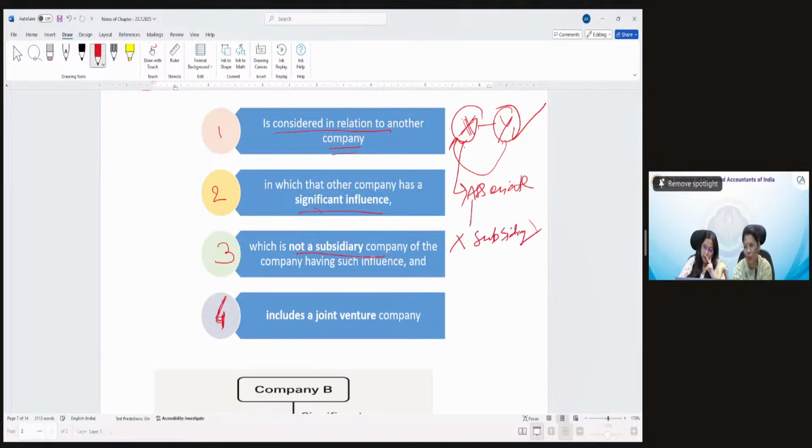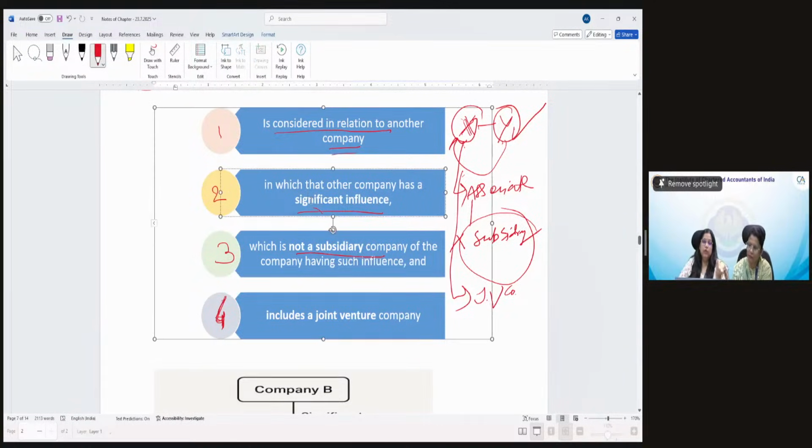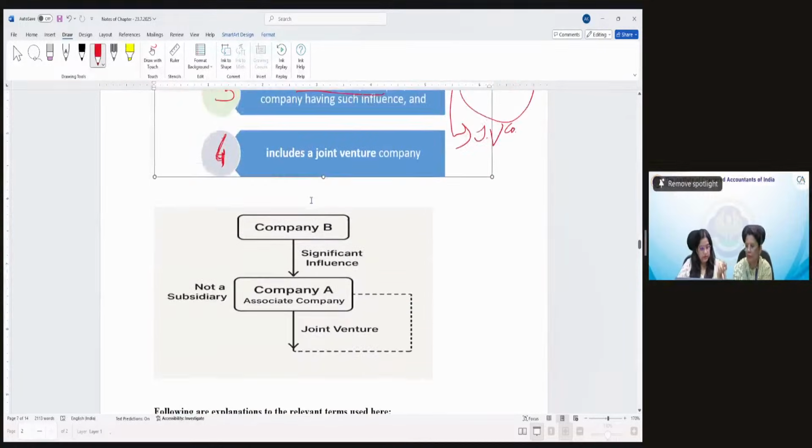So you also need to know what is a subsidiary company. That means the requirement of being a subsidiary company needs to be known. However, this relation could exist and it can be included as a joint venture. Now the question arises: what is the meaning of significant influence?